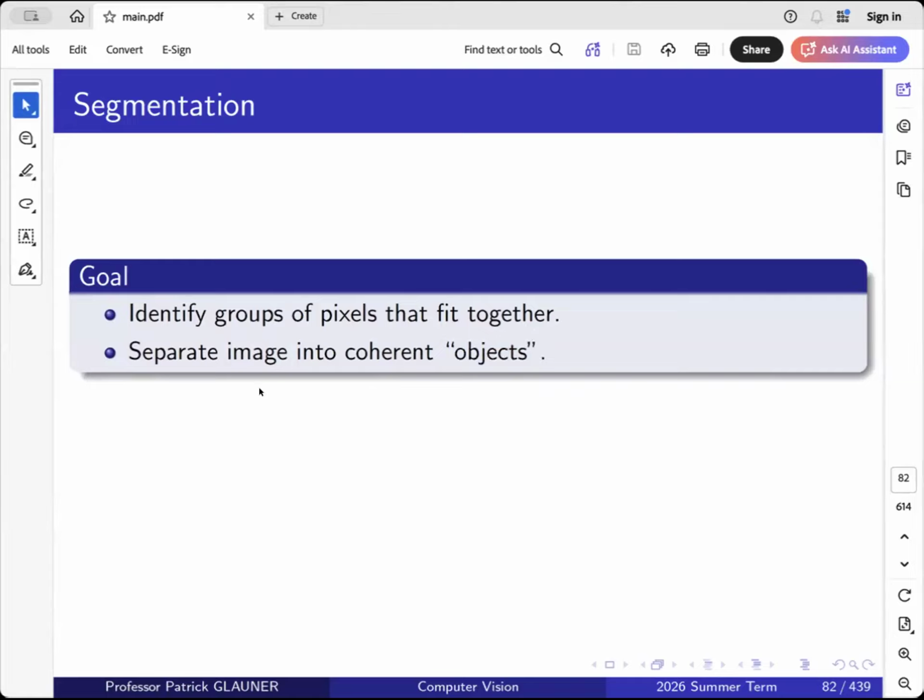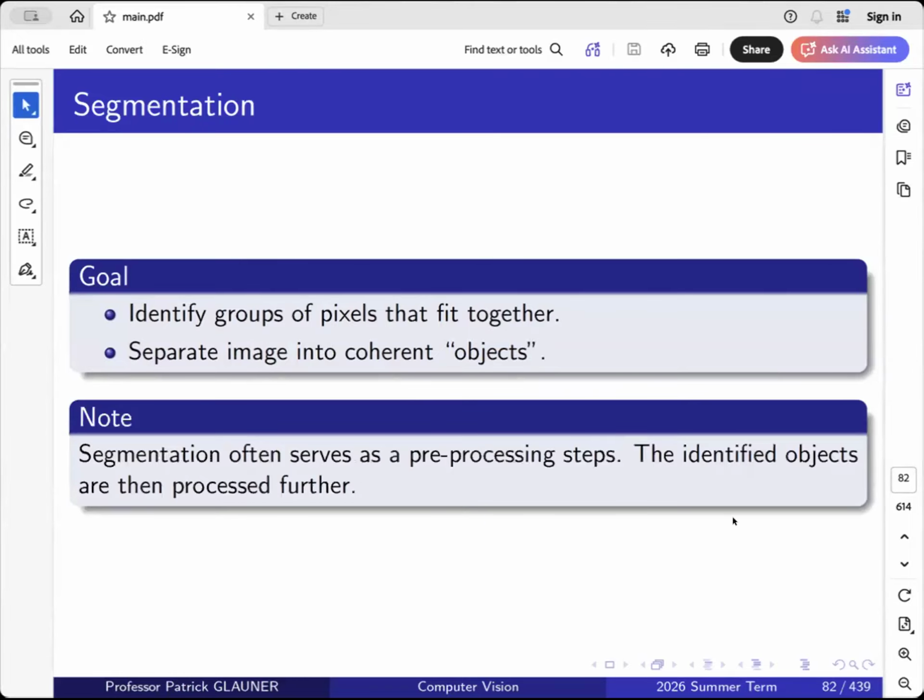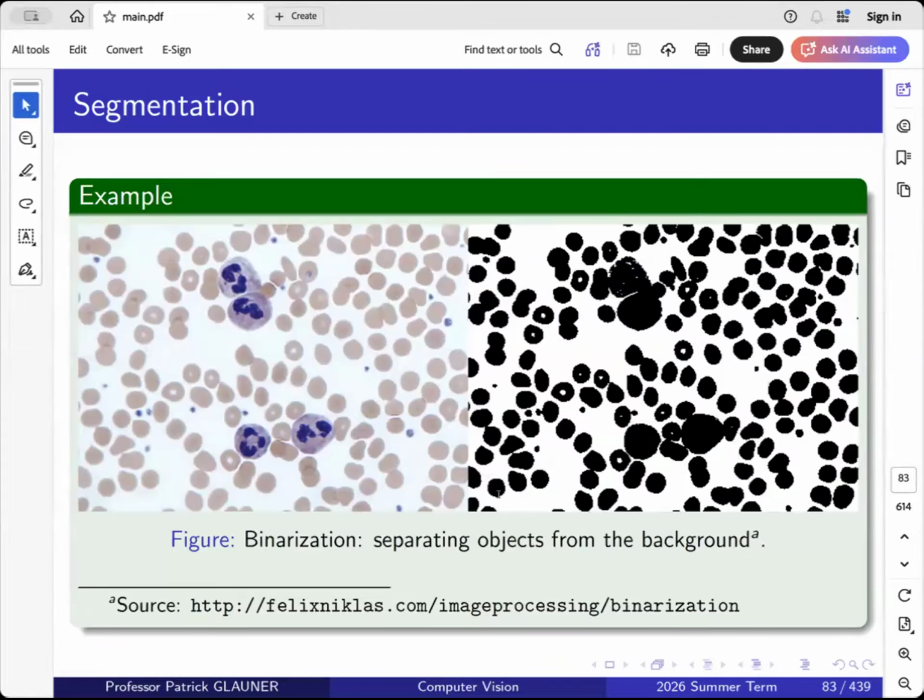Say we want to separate the image into coherent segments or regions that could be seen as an object, but they're not necessarily an object, but something for further processing. So segmentation oftentimes serves as an early step in a bigger pipeline, for example, for pre-processing, so that we would have an image, we would find different segments, and then the identified segments would be processed further, say for classification or something else.